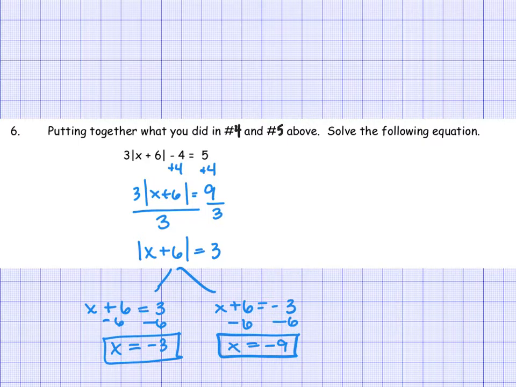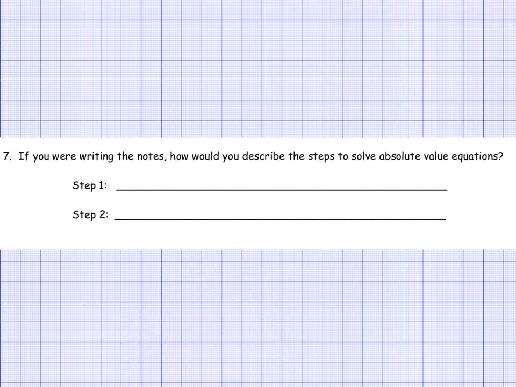Screen's back. That's what I got from the exact same equation, -3 and -9, when I solved it algebraically. So summarizing how to do this, the first step is to isolate the absolute value group. And then check that it equals a positive.